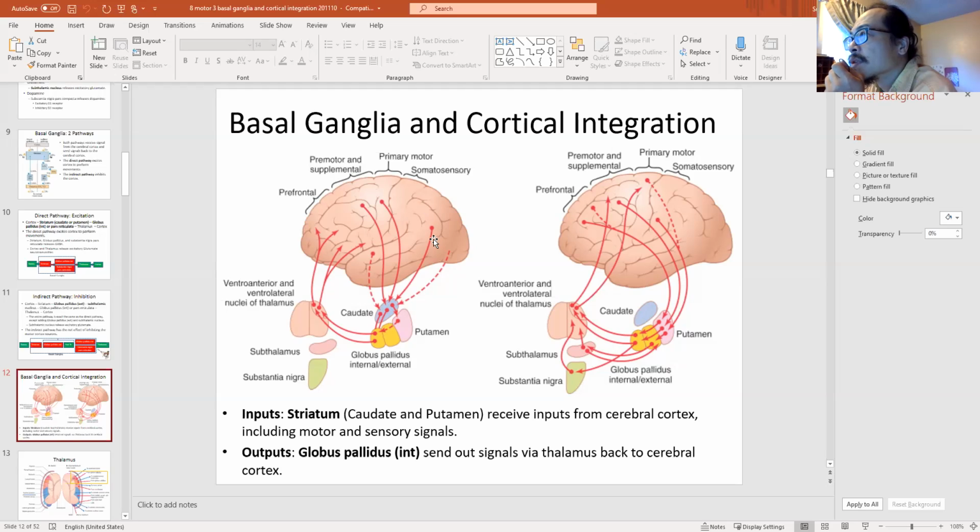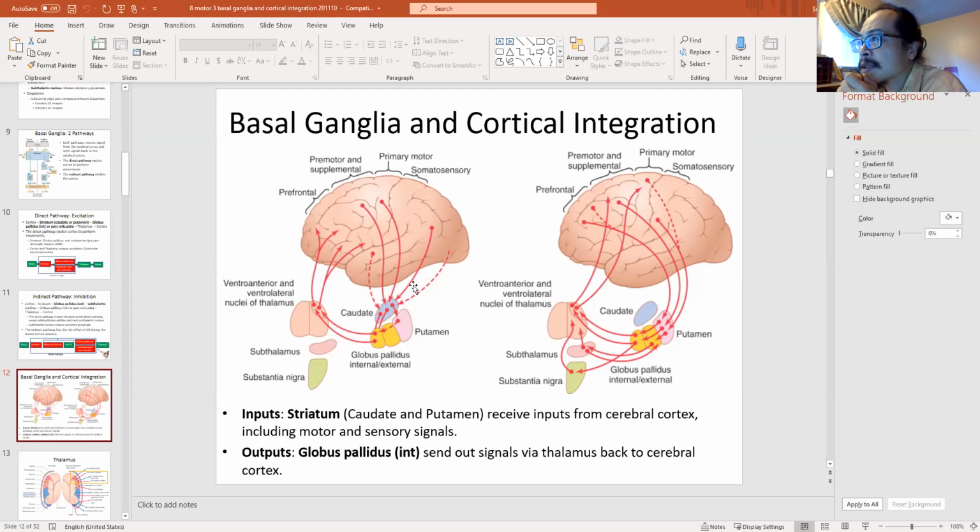So somatic sensory, or even a little bit later from the extrastriate cortex, the signal received from the vision.